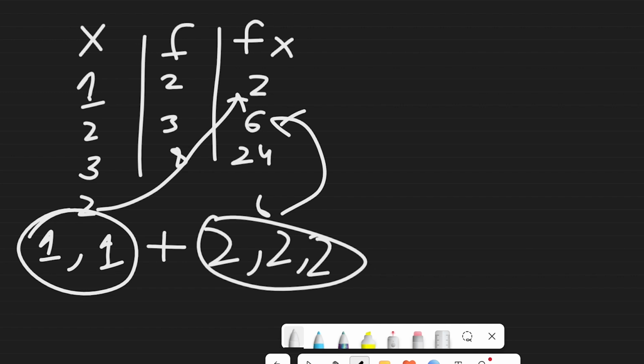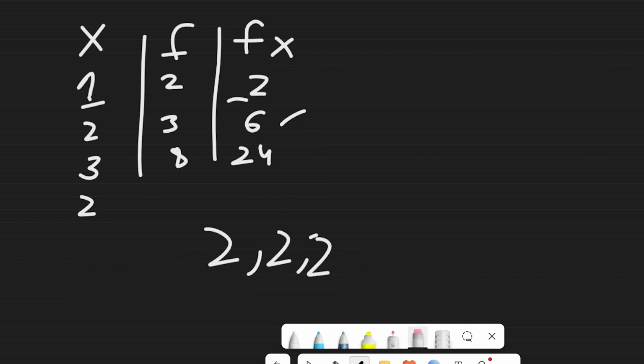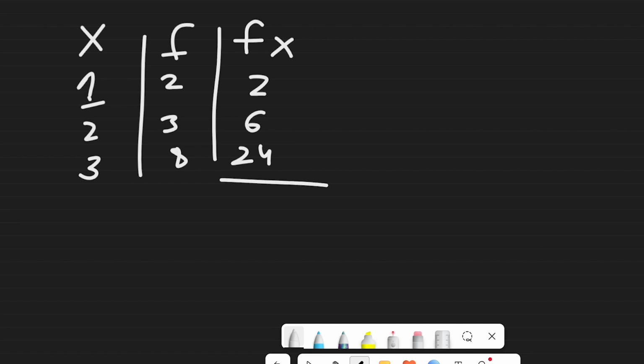That is basically the numerator of the mean of the data. For the denominator, we take the total number of frequency. For the numerator, we first find the total of fx.